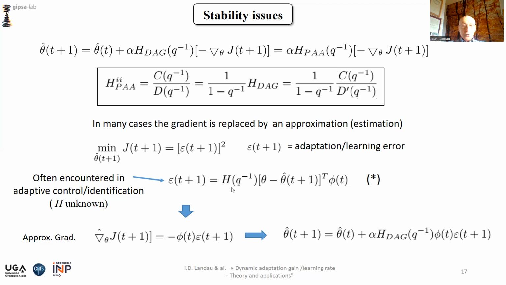If we assume that this is the equation generating the error, often instead of using the gradient of the criterion, one uses an approximation, which is shown here. We neglect the influence of H, and this will lead to an adaptation algorithm which has this form. So the inverse of the gradient is here.